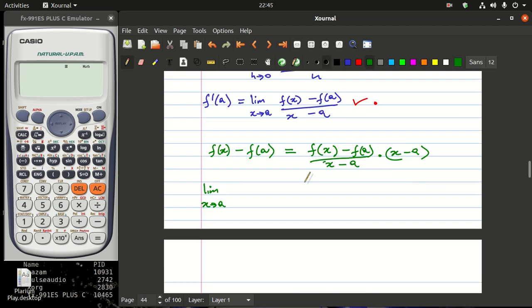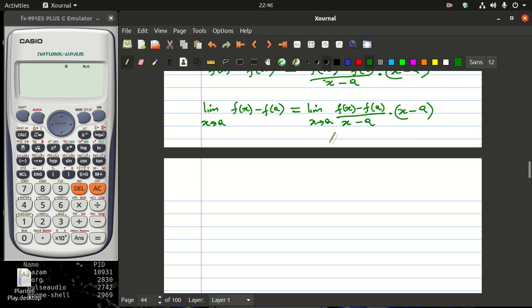What I'm doing now is taking the limit throughout, so I will end up having f of x minus f of a, and this one here is going to be the limit as x approaches a of f of x minus f of a all over x minus a, and then times x minus a. That is what is nice here.